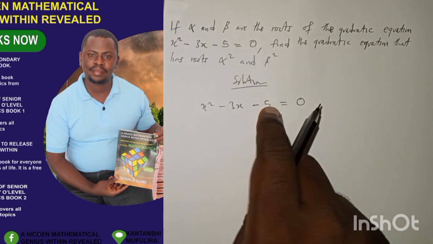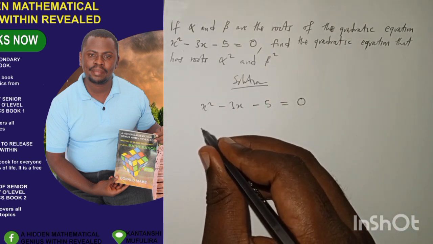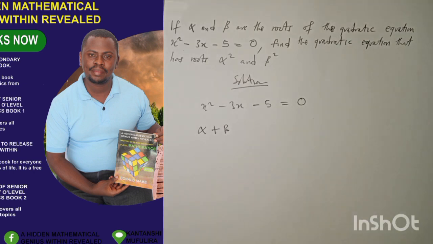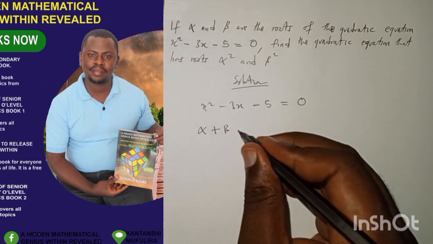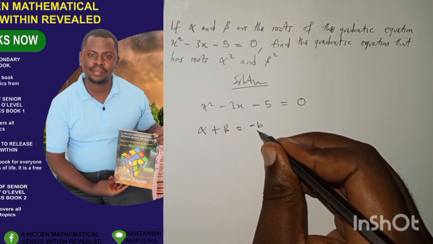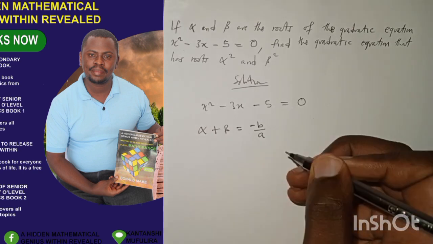So first thing, we need to find the sum of the roots. The sum is alpha plus beta. Alpha plus beta is equal to, the formula is negative b over a.